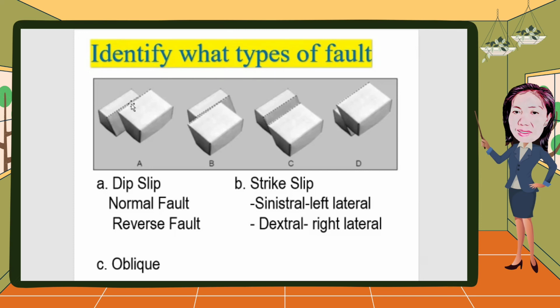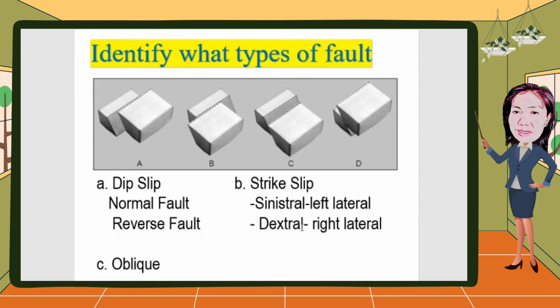Laika. Pagpilian lang po yung A, B, at C. A, B, or C? So, pag A, ang movement niya is up and down. Pag B, B po, side. Very good. So, this is what we call a strike slip.